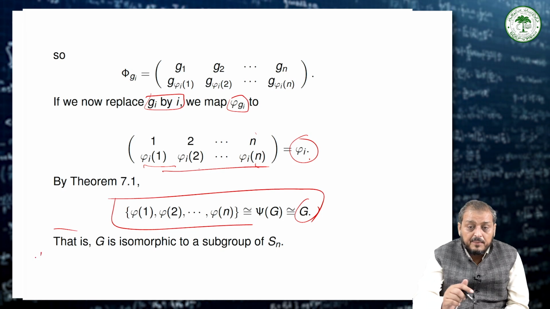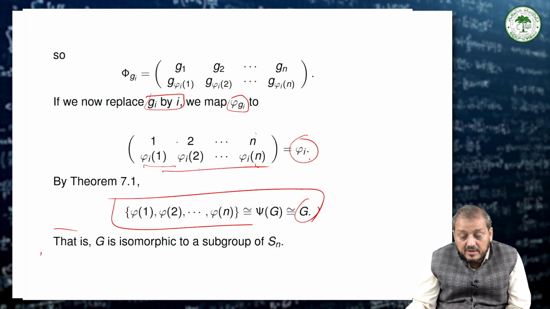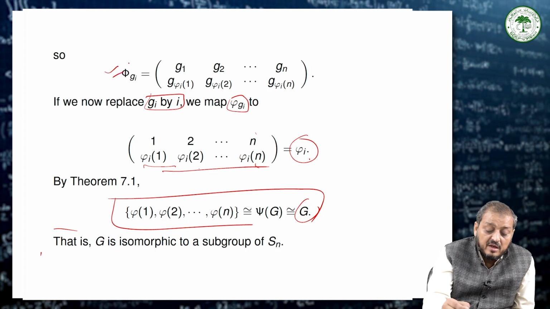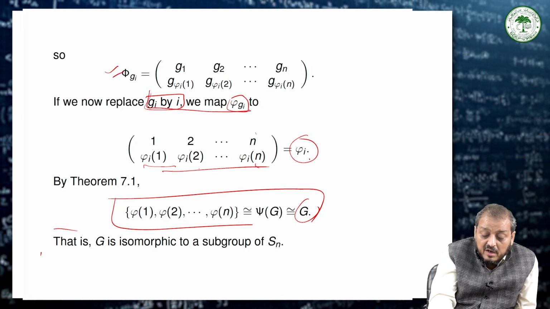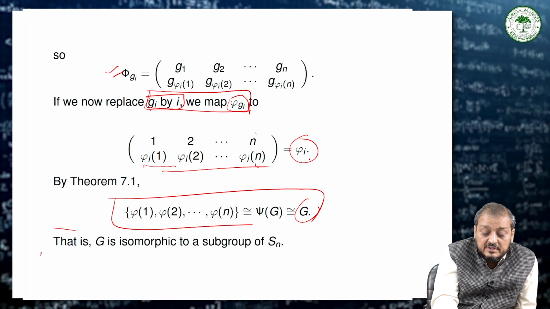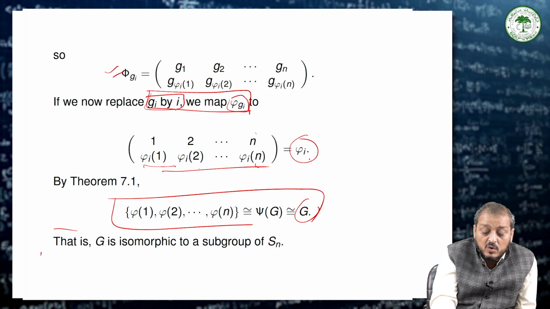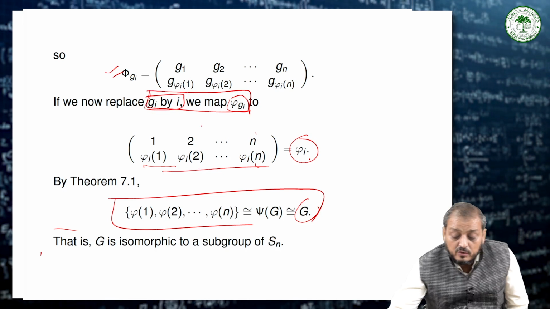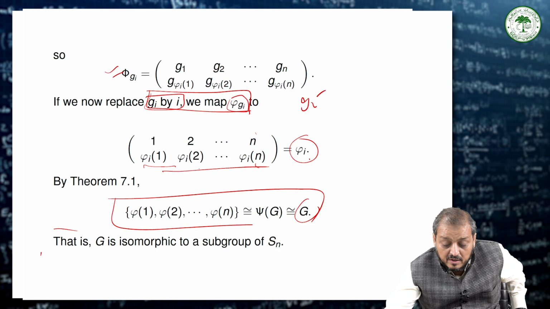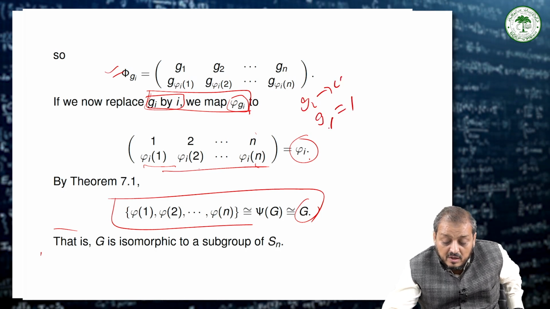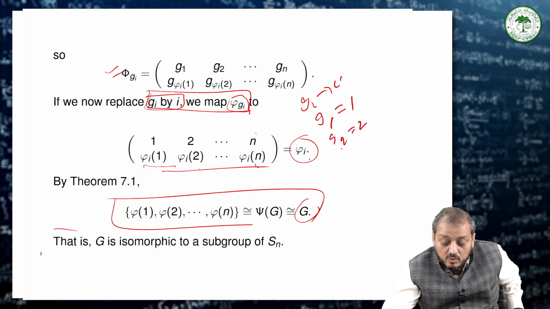So by this we can simply prove that this is true for every finite group. This is a very important concept: we replace Gi by I, meaning G1 is equal to 1, and we take G2 equal to 2, and so on.